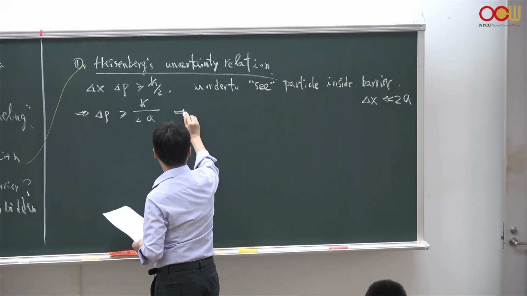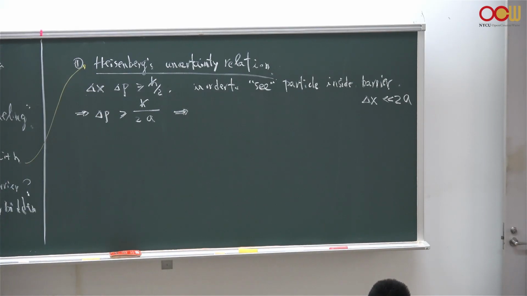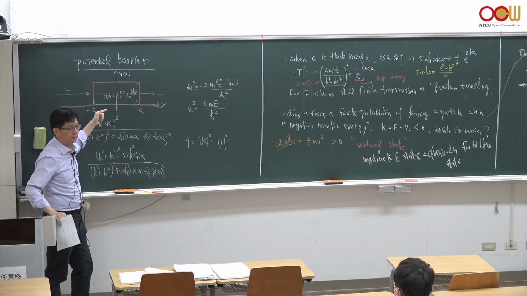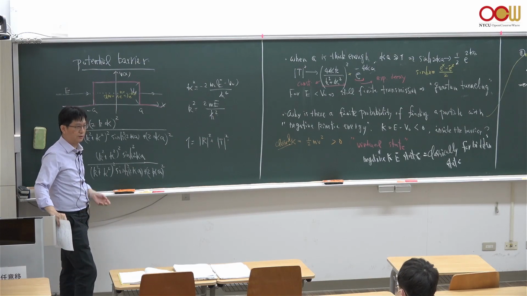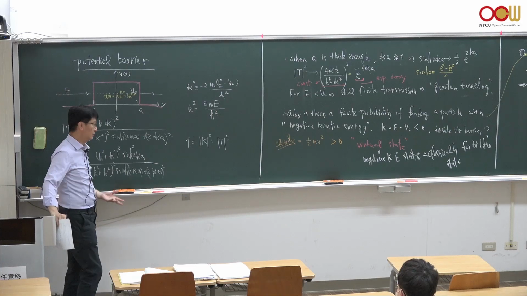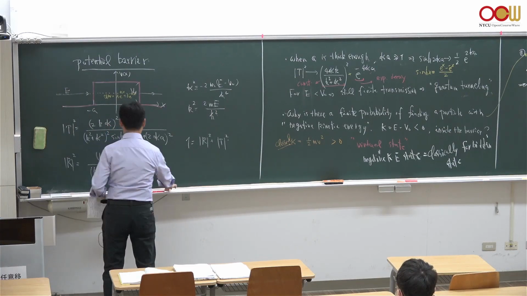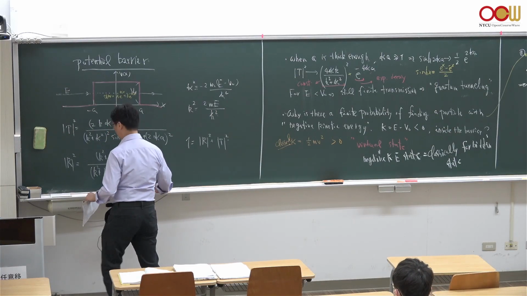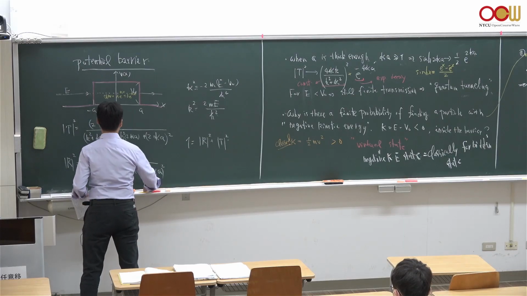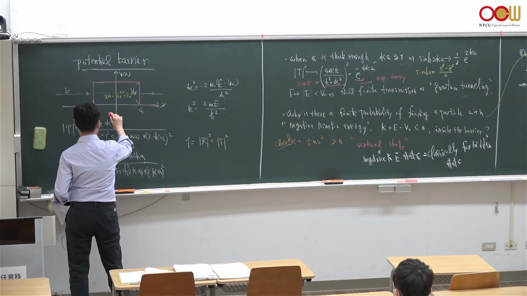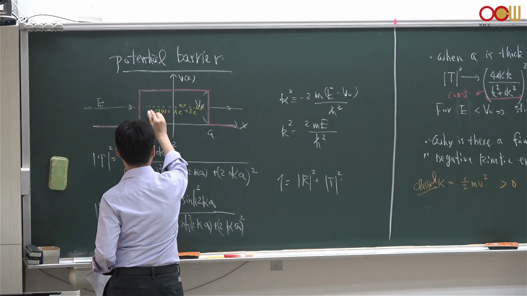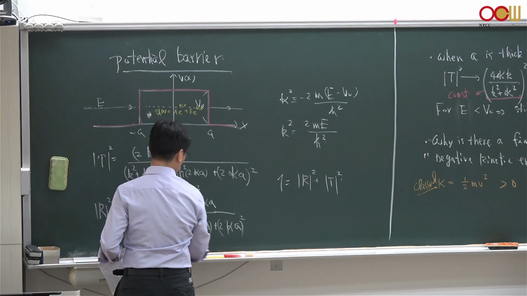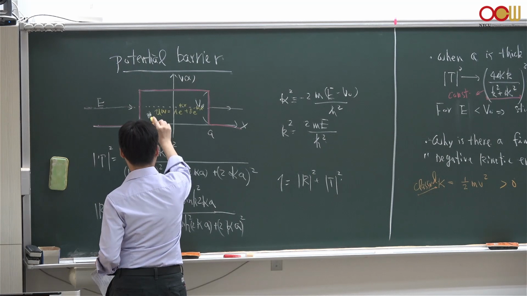This means that in order to see the particle inside the barrier, you need to hit it with something else, by a photon, by an electron, by whatever particle is available to you. Suppose there's a target here, a particle somewhere here, and you really would like to see this particle.